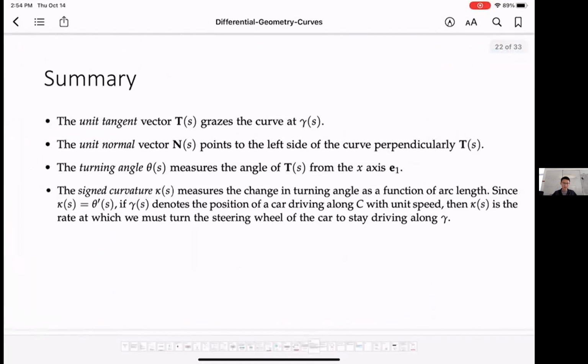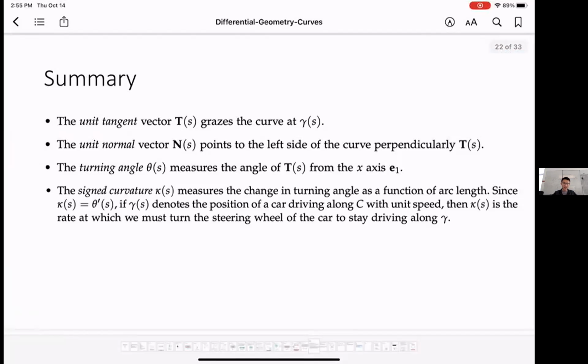So let's summarize it a little bit. For any curve, we now have this unit tangent vector T(s), which tells us how this curve changes, basically if we approximate it using a local linear line.